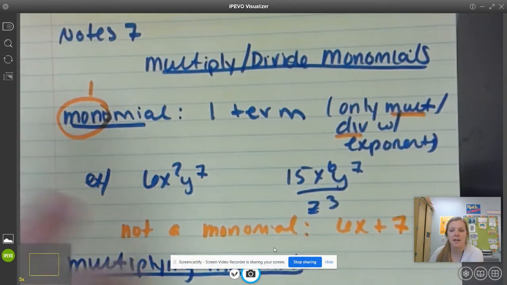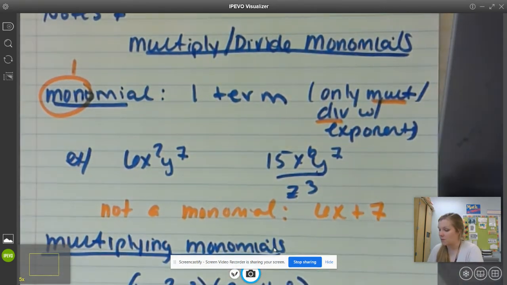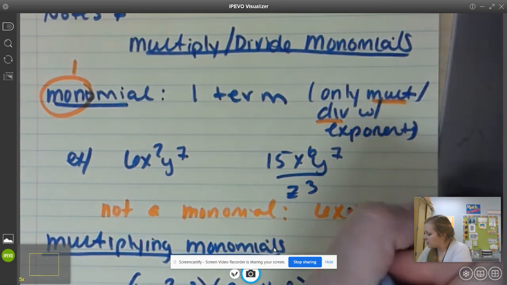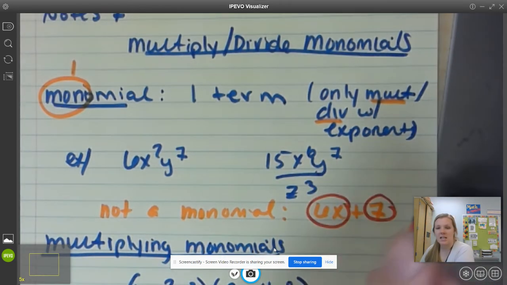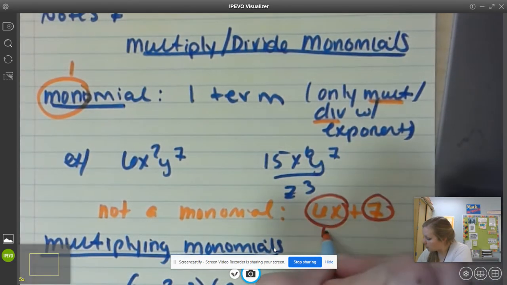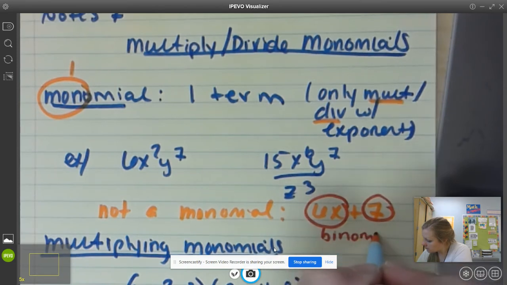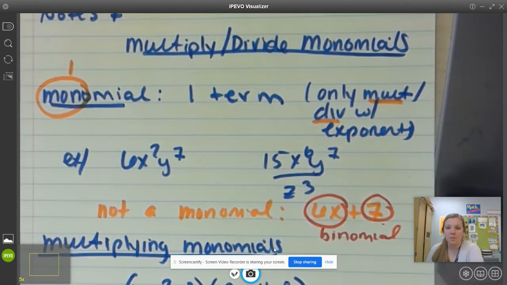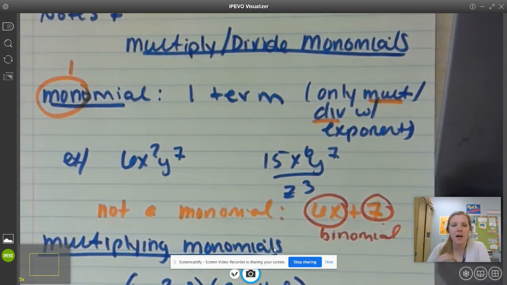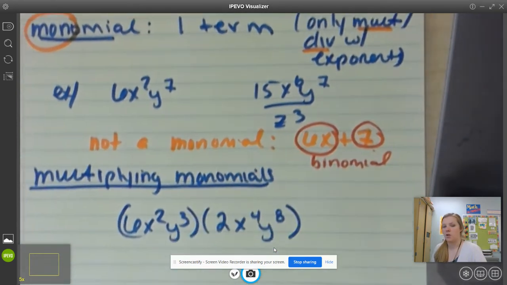This is not a monomial because there's two terms. The terms here are the 6x and the 7. This would be called a binomial. Binomial means two terms. So when we're talking about multiplying, we're only talking about multiplying monomials today and dividing monomials.